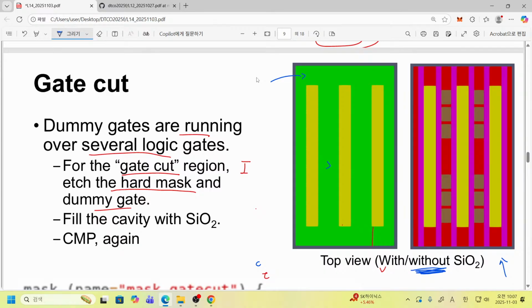Yes, this is still our dummy gate, and it's a hard mask, and this one corresponds to spacers. And this is the silicide for the P MOSFET, and this is the silicide for our N MOSFET. Later we will have a P MOSFET here and an N MOSFET here, and these two surrounding gates are just dummy gates to isolate this structure from the ones on the left side and right side.